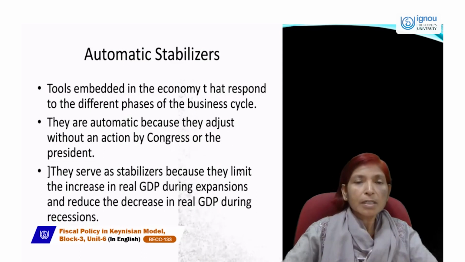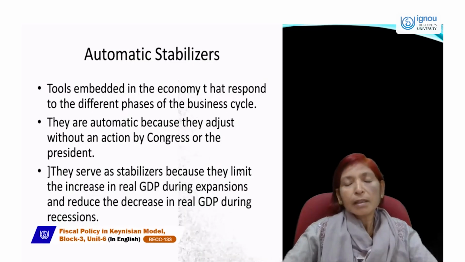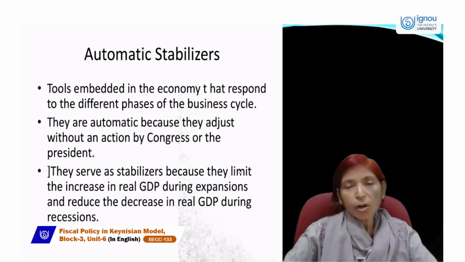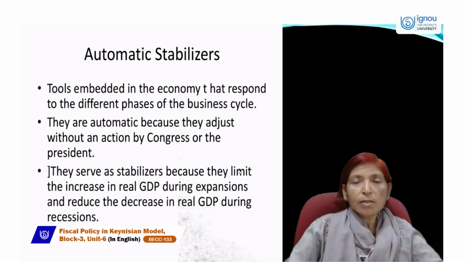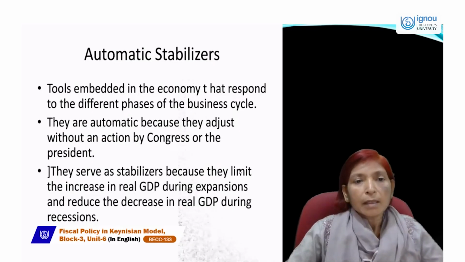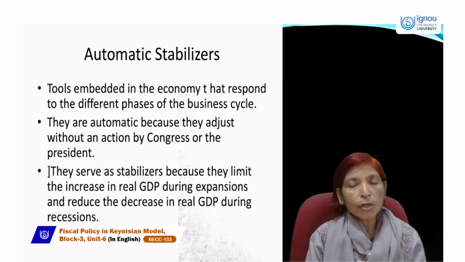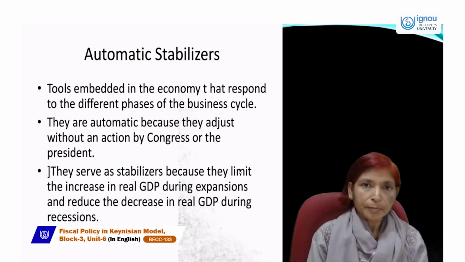So when it works automatically to stabilize the economy, to control the fluctuations of the economy, that is called automatic stabilizer. If government expenditures and government revenues work automatically, then they can manage and control the situation of recession and expansion.